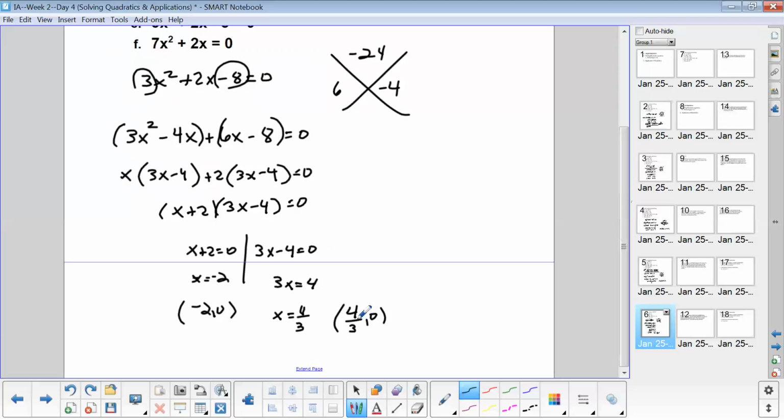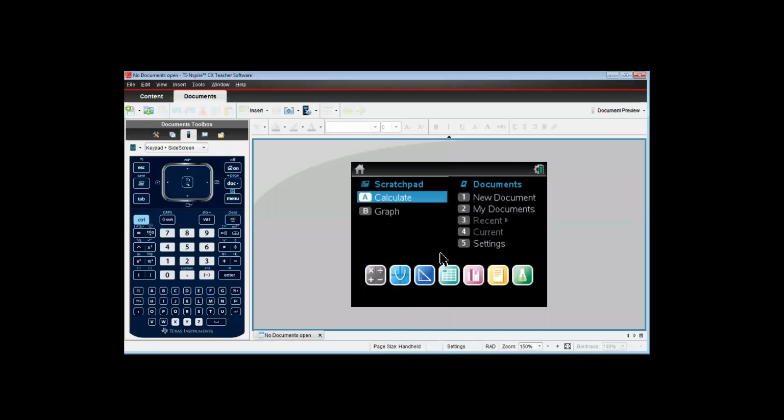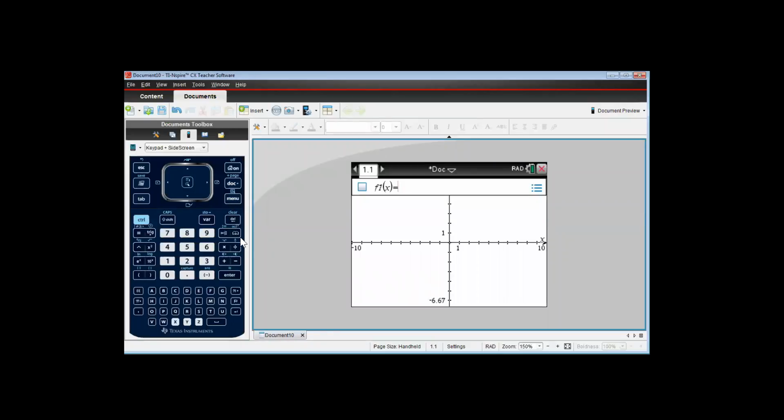Now let's type that into the calculator just so we can see that. So we're going to go to graph and we're going to type in 3x squared plus 2x minus 8.